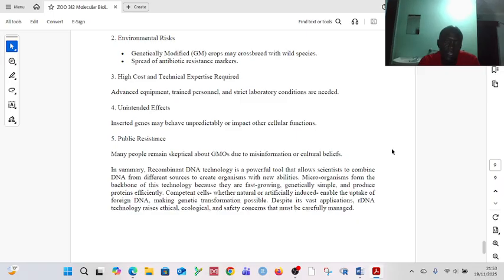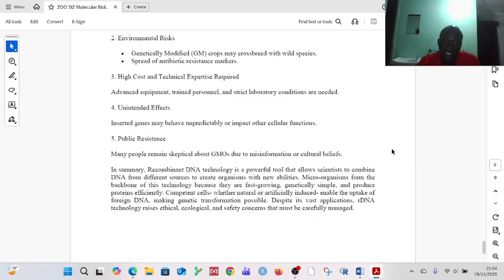Okay, so there is an aspect of public resistance, and that is mainly because either people are not properly informed, people have religious beliefs that are against GMOs, or they have cultural beliefs that are also against GMOs.